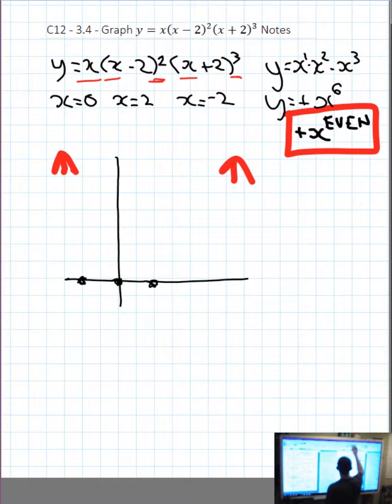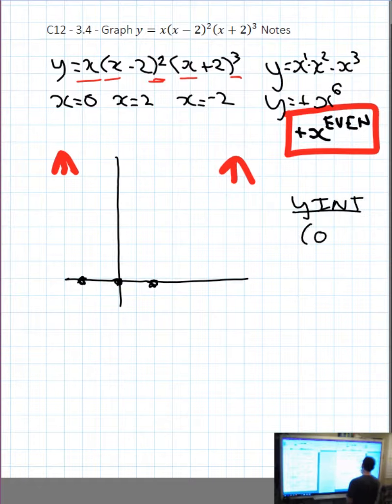So, you know what? Let's find the y-intercept really quickly. Well, I know that my y-intercept has an x value of 0. Feel free to read through the notes on how I substituted 0 in for x. But look at the graph. The y-intercept is 0. We don't need to find the y-intercept if we already found the x-intercept to be 0.